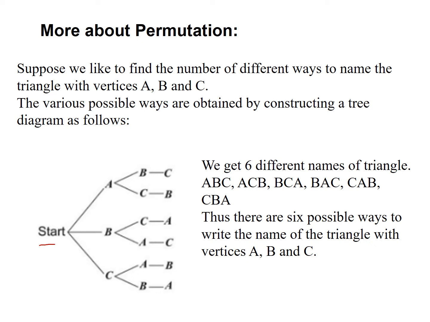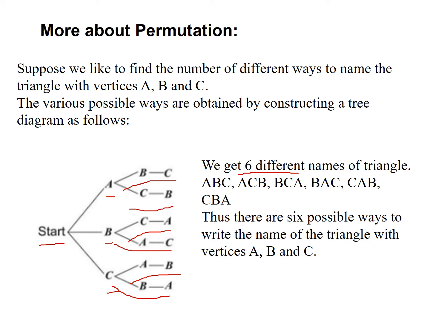We start with the three vertices A, B and C and make all possible arrangements of these three vertices. We get 6 different names of triangles: ABC, ACB, BCA, BAC, CAB, CBA.